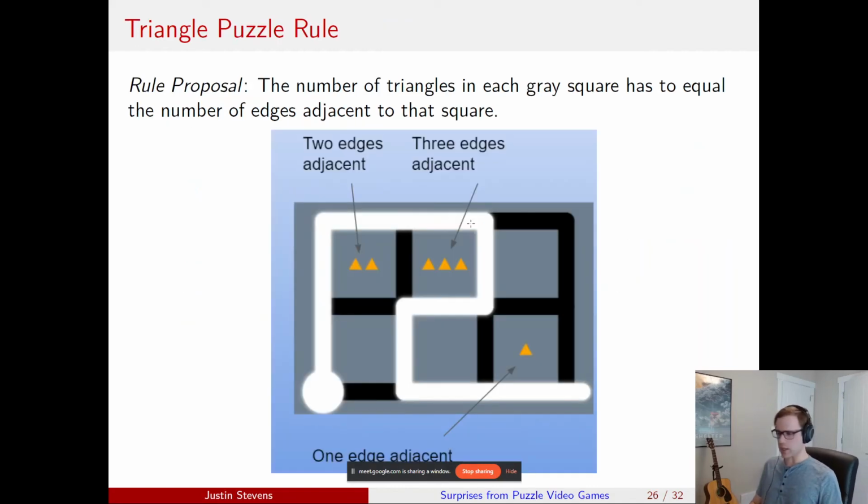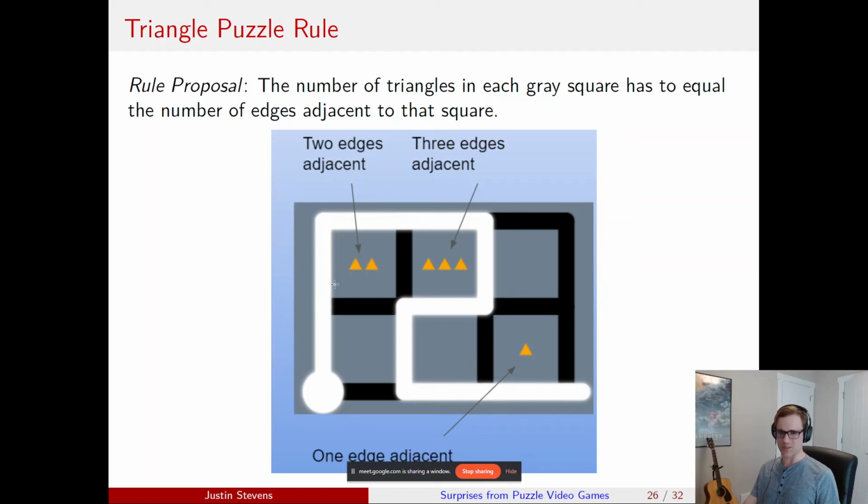So going back to that previous observation, we're drawing lines, and as we draw lines, the line will intersect each of the squares a certain number of times. For instance, as the line goes up for this gray square right here, it intersects it twice. So the puzzle element is we basically put the number of triangles as the number of times that a line intersects that square.